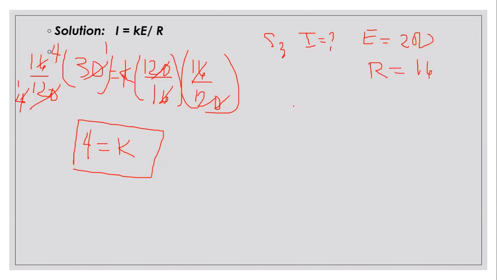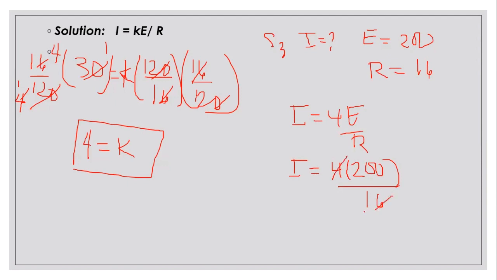So solve, we have the formula I is equal to 4 times E over R. Substitute, so I is equal to 4 times 200 over 16. Simplify 4 and 16 by dividing both by 4. 4 divides 4, 1. 16 divides 4, we have 4.